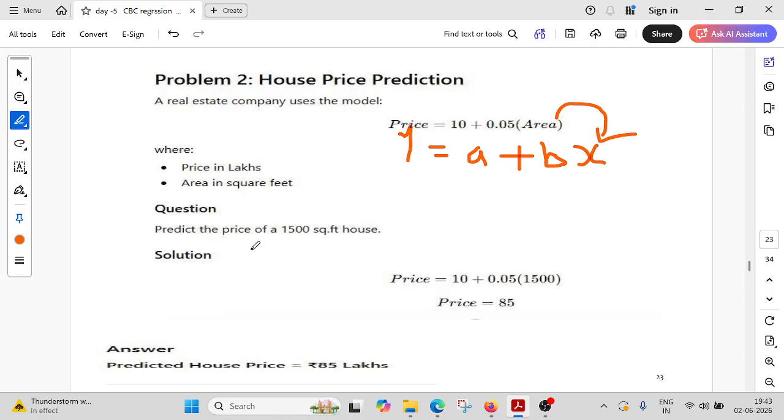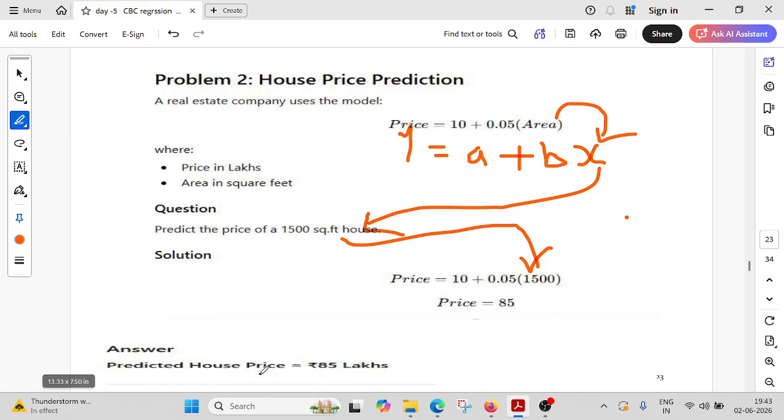The question is: predict the price of a 1500 square feet house. So this x value they have given, you substitute it in the above equation, and you'll get 85.